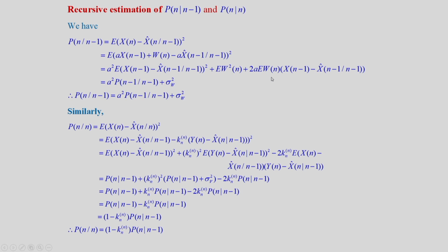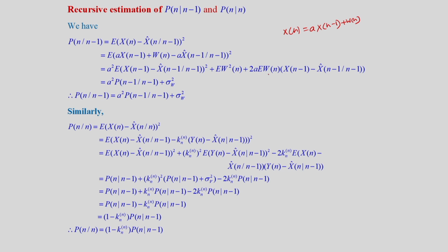Now, let us examine this expression. If we consider the signal model, x_n is equal to a times x_(n minus 1) plus w_n, and this w_n is independent of x_(n minus 1) or x_(n minus 2), etc. So, w_n will be independent of all past values of x_n. Similarly, w_n will be independent of all past values of data also.